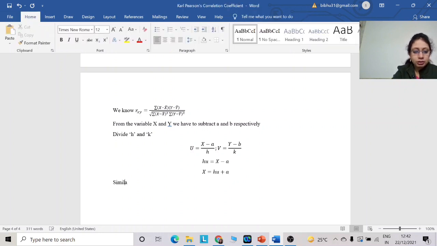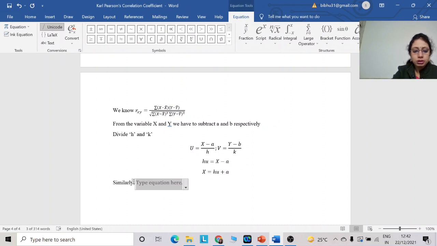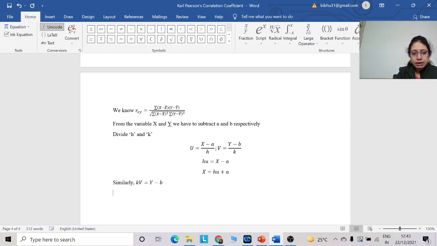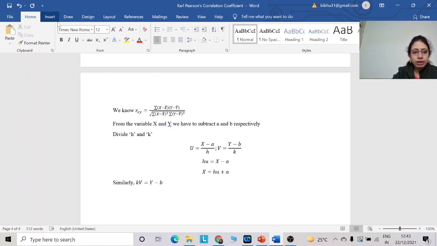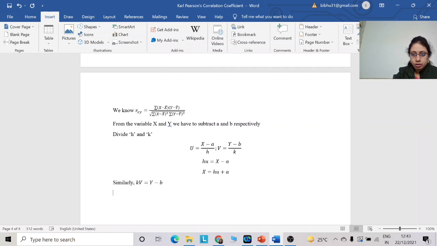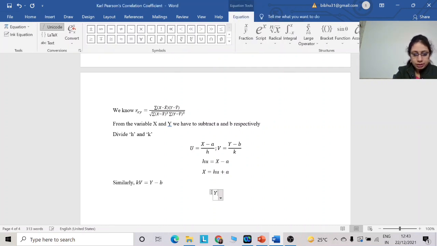Similarly, when we cross multiply the second one, we'll get kv is equal to y minus b, and rearranging this one, you will get y is equal to kv plus b.